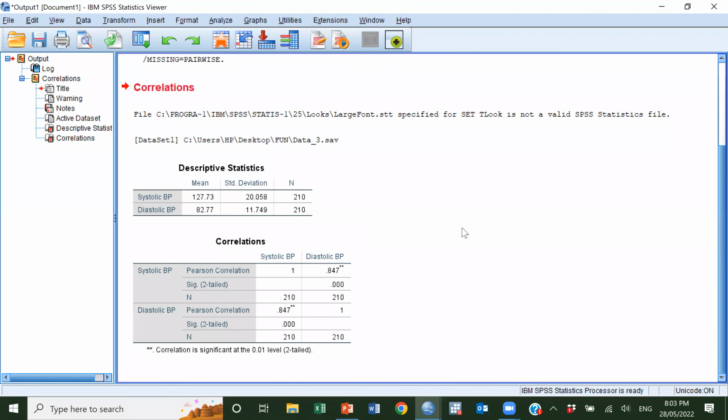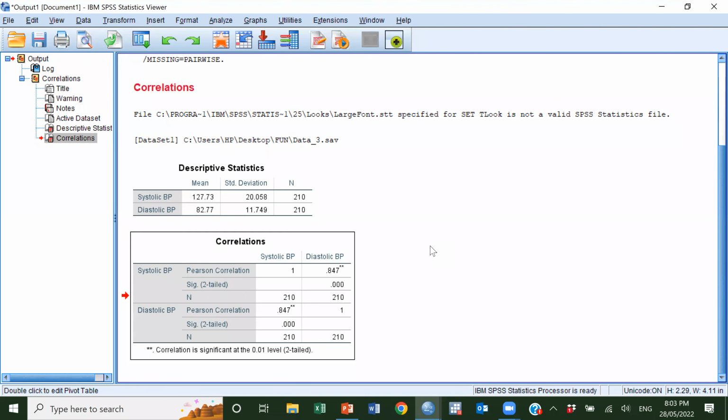So you can see that SPSS has given this correlations table. Can you see the results? Yes, sir. Here it is written systolic blood pressure, here it is written diastolic blood pressure.